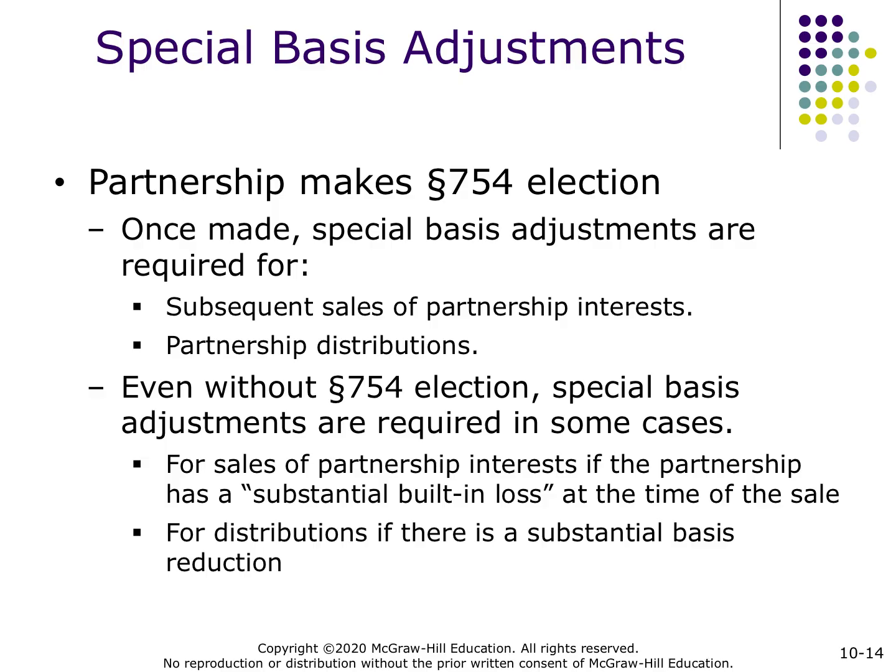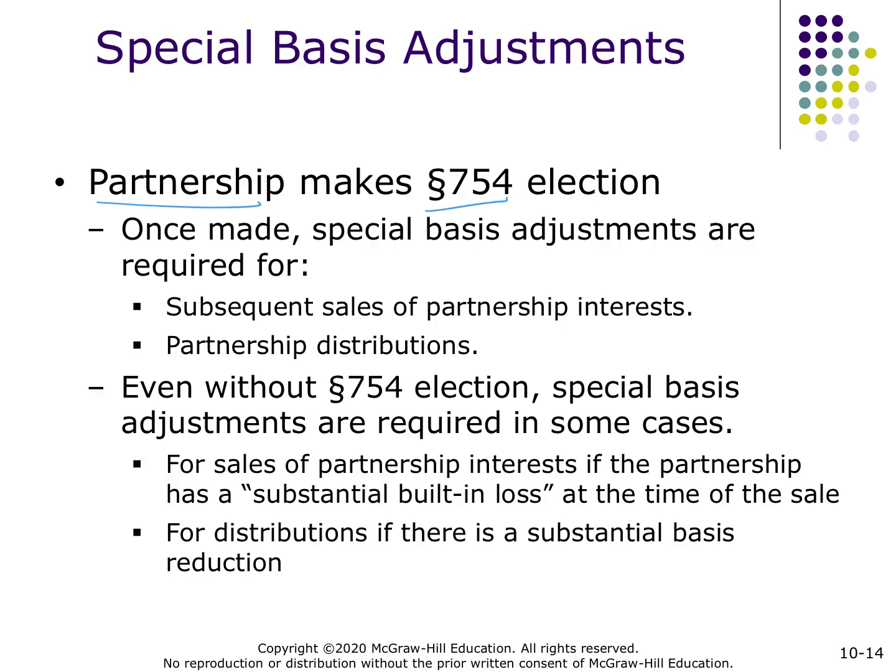So this happens at the partnership level, and they make a Section 754 election, okay? And essentially, what this allows them to do is they make special basis adjustments when there are sales of partnership interests. So you make this election first, and then subsequently, you're going to make special basis adjustments during sales of partnership interests and during partnership distributions.